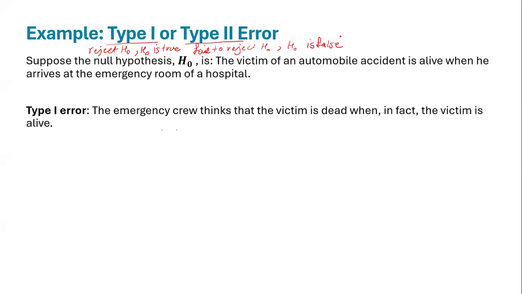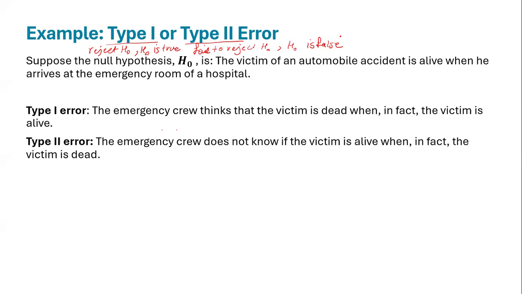They think that the victim is alive. So for type 2 error, the emergency crew thinks that the victim is alive when in fact the victim is dead.